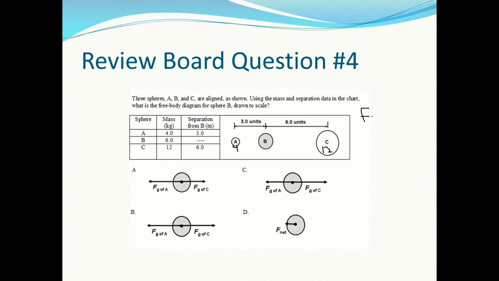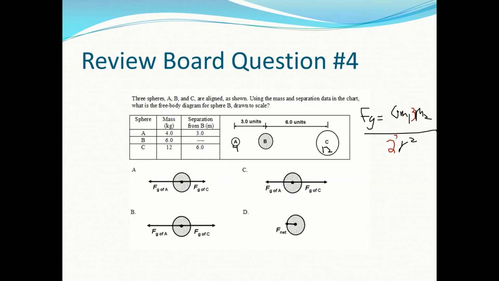Okay, I'll have to take a look at what we're changing. Okay, let's switch up my color. So it looks like C has 3 times the mass and double the distance.